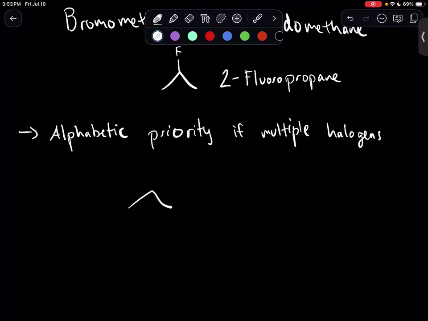So in the case where I have bromine, chlorine, fluorine, iodine. Well, the alphabetically highest number, or the alphabetic priority goes to bromine. So we're going to try and make bromine the lowest.